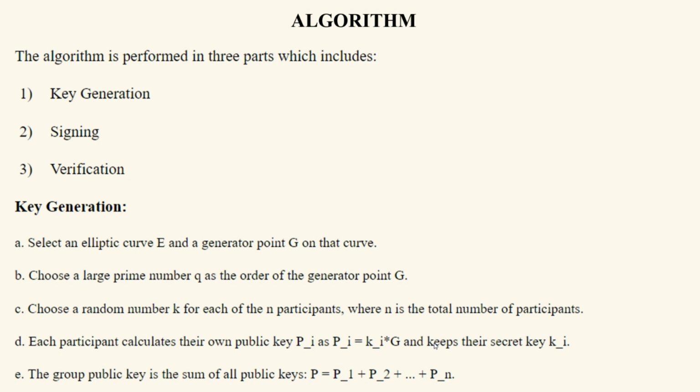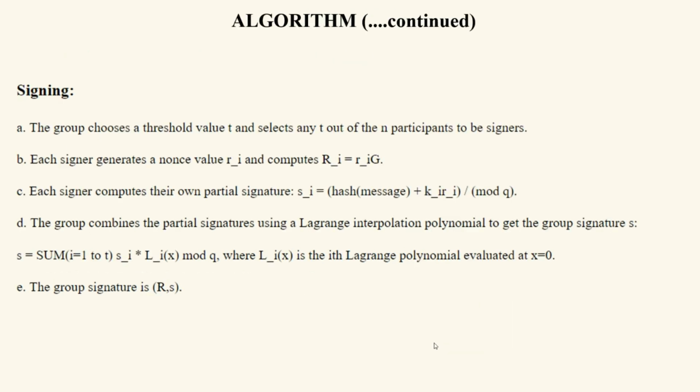Choose a large prime number q as the order of the generator point G. Choose a random number ki for each of n participants, where n is the total number of participants. Each participant calculates their own public key Pi as Pi equal to ki times G and keeps their secret key ki. The group public key is the sum of all public keys, P equals P1 plus P2 up to Pn. Signing.